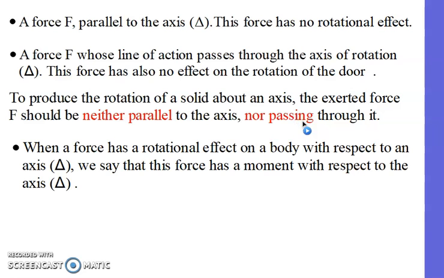Okay? But when a force has a rotational effect on a body with respect to an axis delta, we say this force has a moment with respect to delta. Good. Any problem?